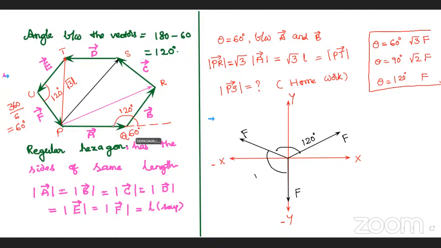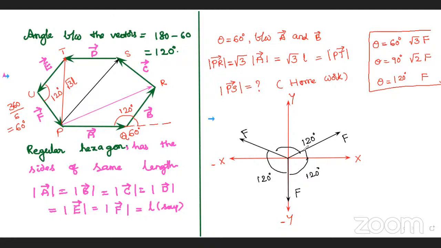The angle between any two vectors is 120 degrees. Here also the angle is 120 degrees. This is what he has given there.